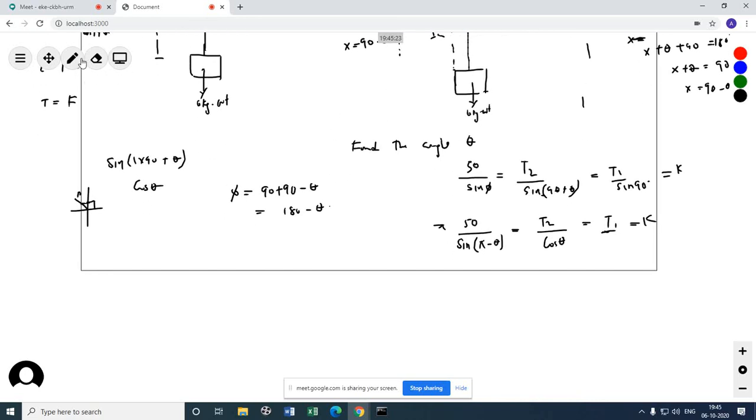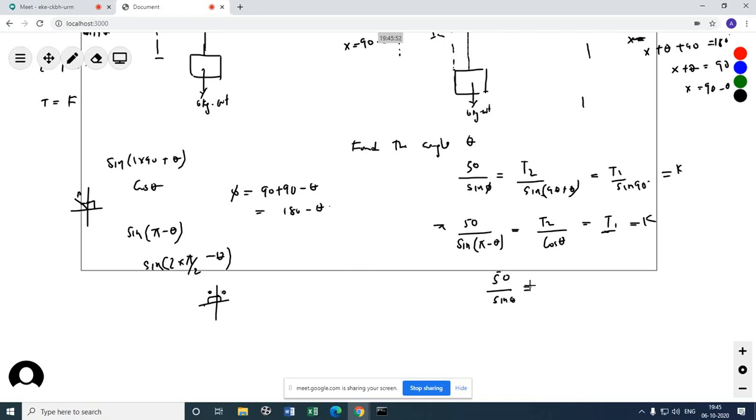Next, sine of pi minus theta will be what? How can I write? Sine of pi minus theta, first and second quadrant, positive only.